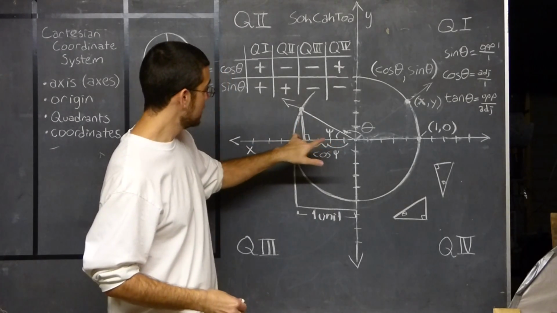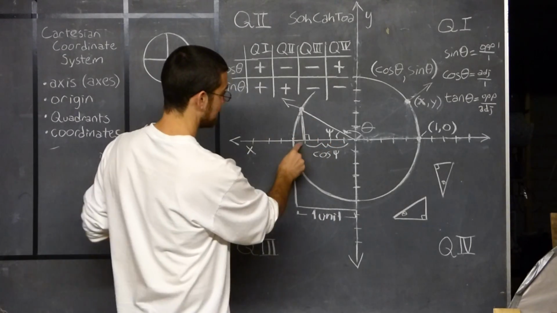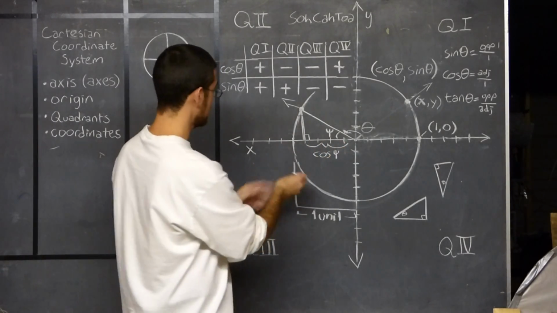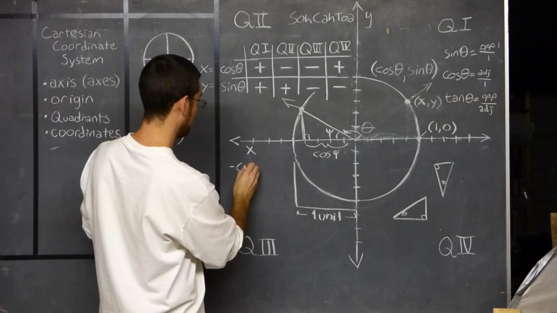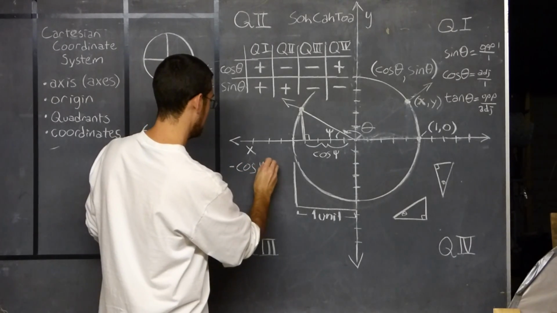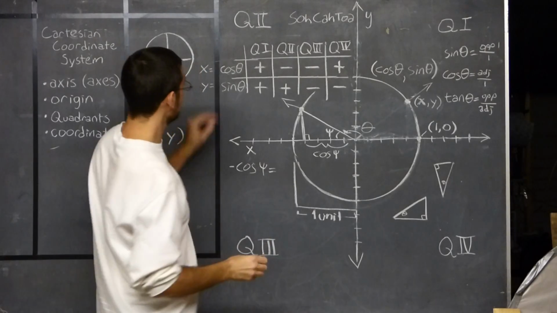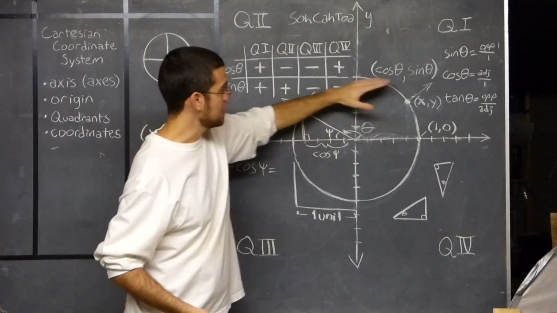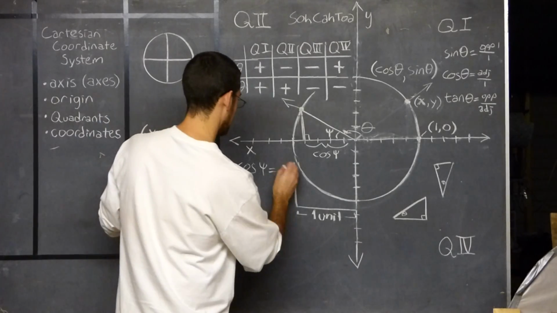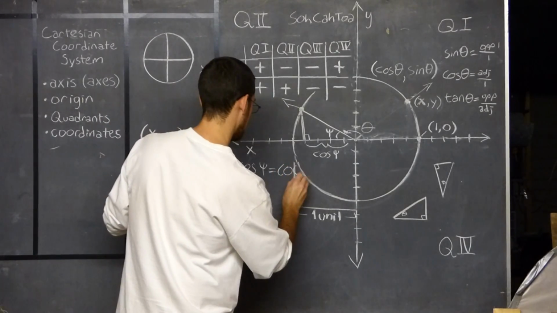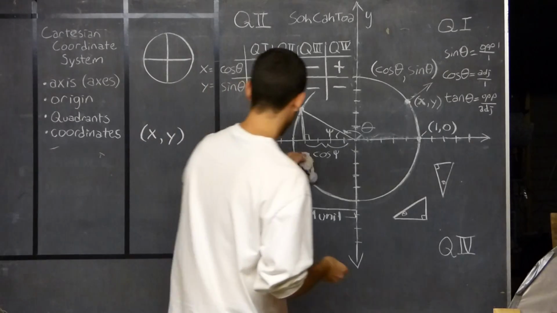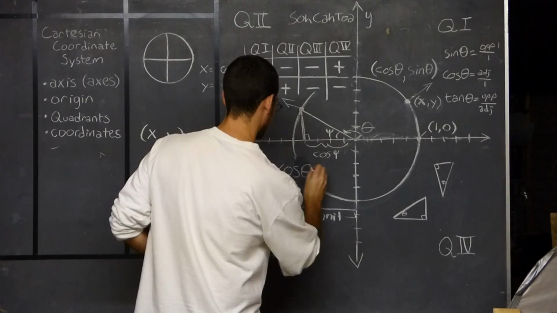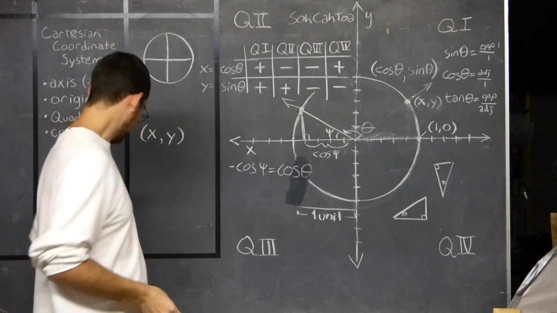And the negative version of this is going to be the x coordinate. So negative cosine of psi is going to equal what we said that the x coordinate has to equal, which is cosine of theta. Okay? Now this is interesting.